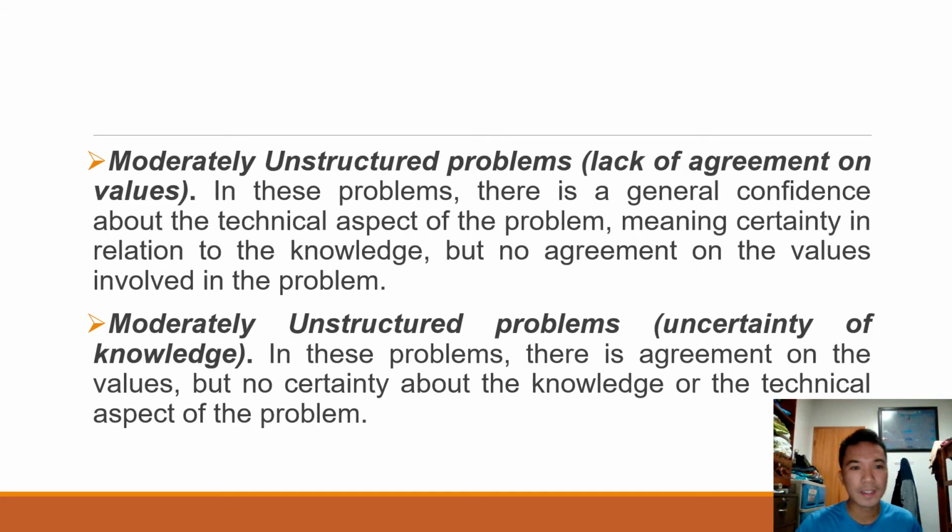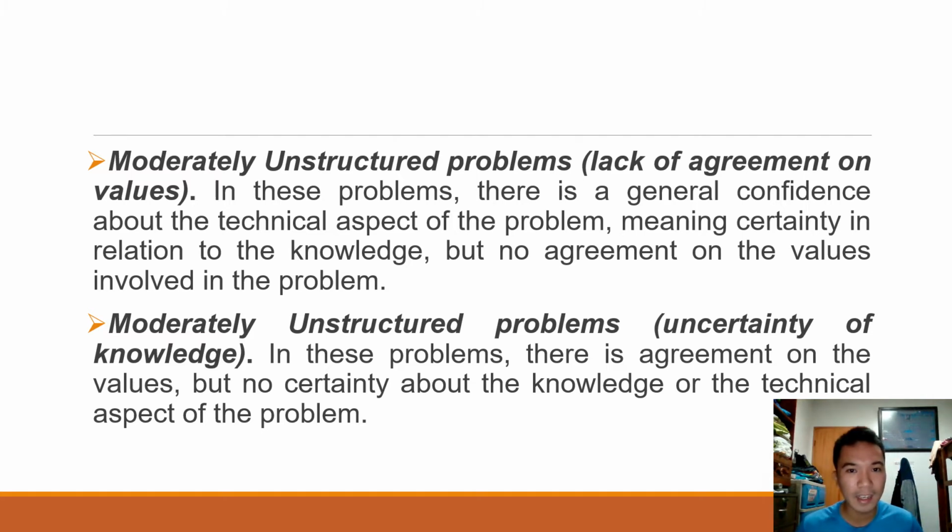Okay. Next type of problem is moderately unstructured problem, or lack of agreement on values. In these problems, there is a general confidence about the technical aspect of the problem, meaning a certainty in relation to the knowledge, but no agreement on the values involved in the problem.